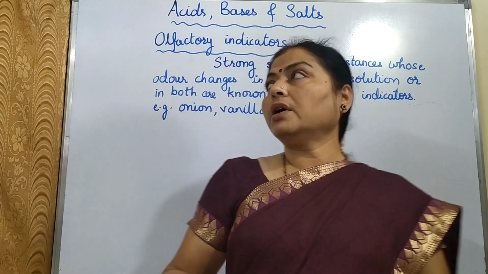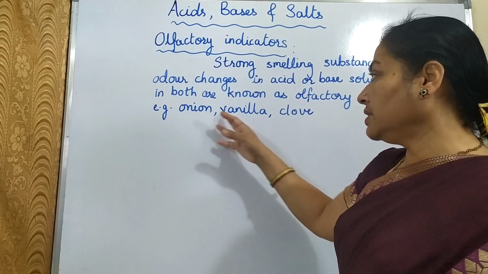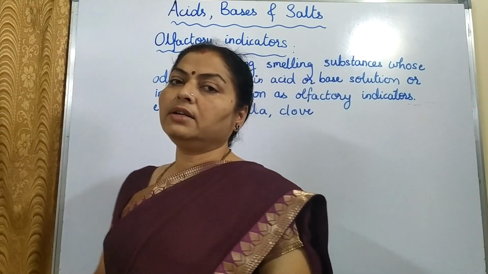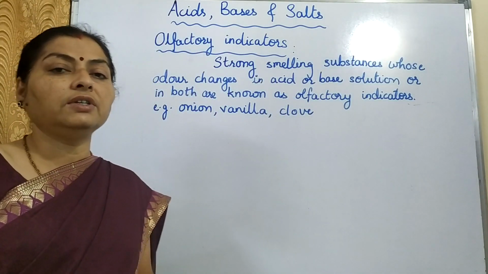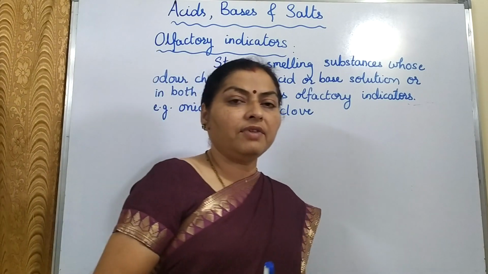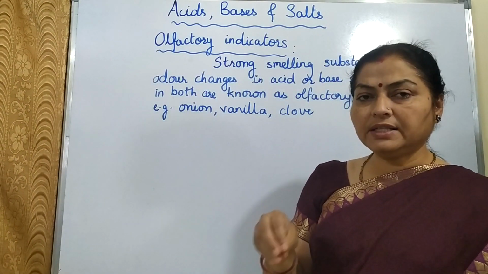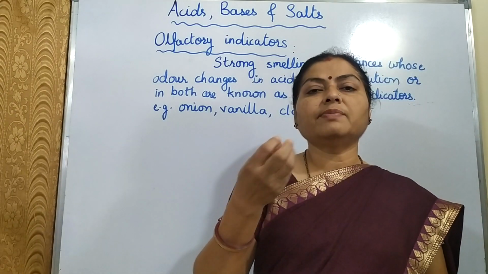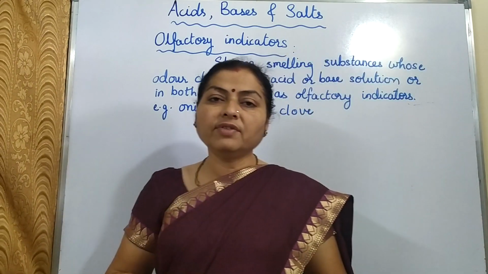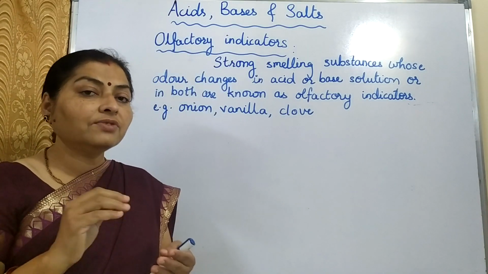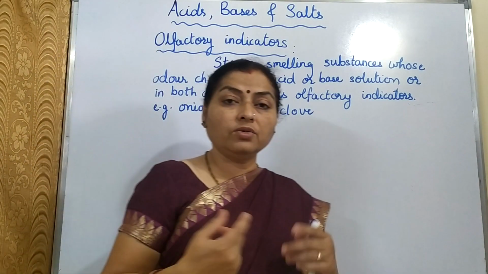Okay. So which are these strong smelling substances? Onion, vanilla and clove. Now if we see for onion, you might have observed in your daily life that when you are cutting onions or dealing with onions, the strong smell of onion gets absorbed in our fingers. If you wash the hands with soap, after some time the odor goes away.